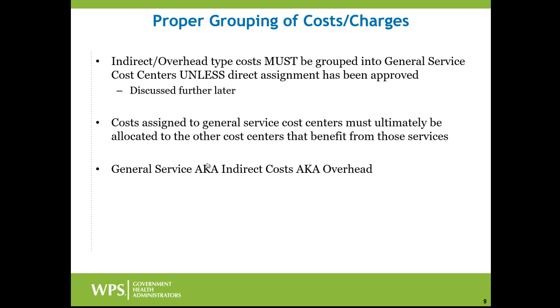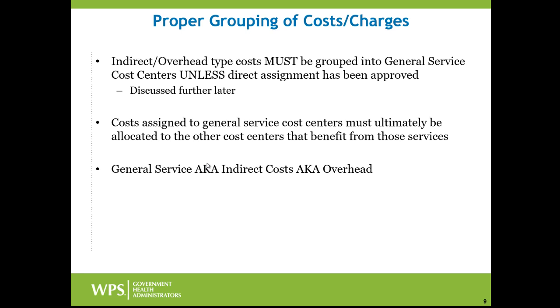Now, the other grouping aspect that we're going to look at relates to indirect or overhead type costs. They must be grouped into a general service cost center, the overhead cost centers, whatever term you want to use, unless direct assignment has been approved, which would allow those types of overhead costs to bypass the general service cost centers and instead go straight to the revenue producing cost centers. And this is discussed further.